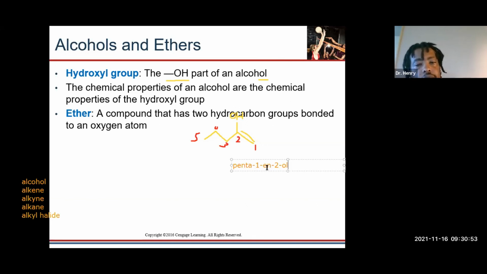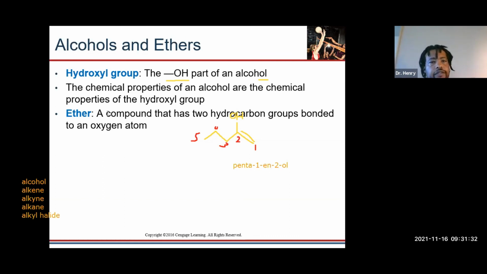That lets me know the double bond is on that first carbon. On the second carbon, we have an OH group hanging off. And we notice that the OL is at the very end because it has the priority. So we get the last name of the one that was the most important. The alcohol is more important. Okay, makes sense? Are there any questions? Okay, no questions.